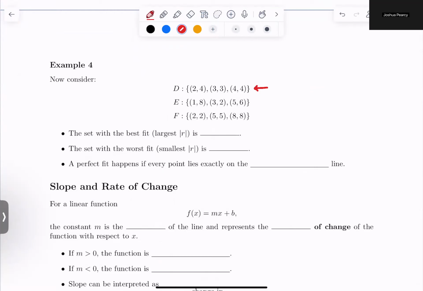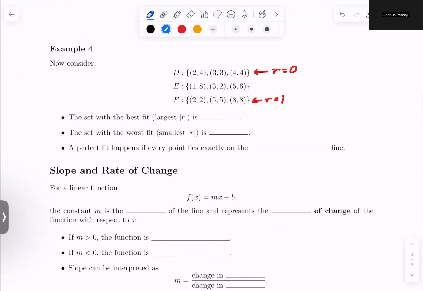So this one had R equals 0. This one had R equals 1. So that means based off of this, the set with the best fit is F. And the set with the worst fit is D.